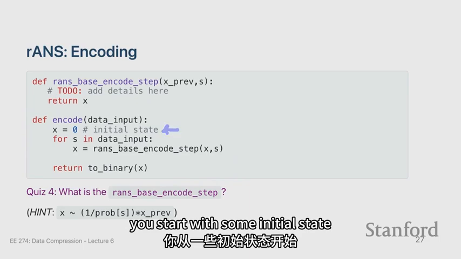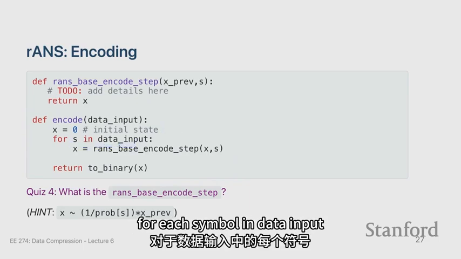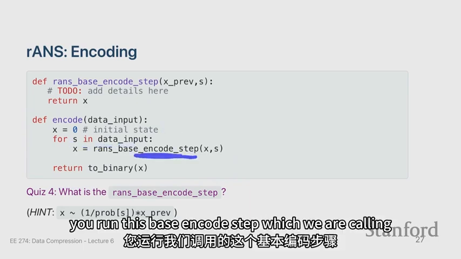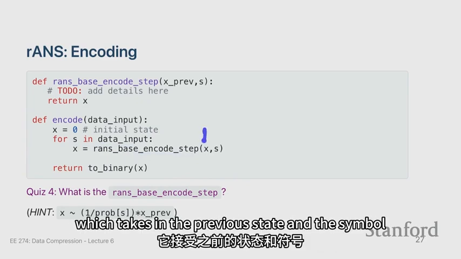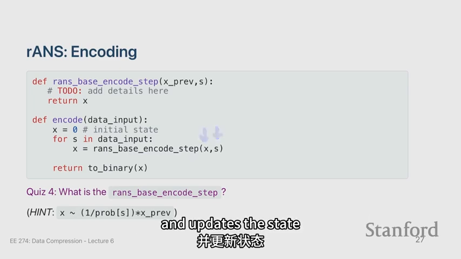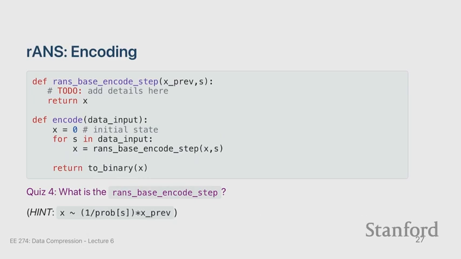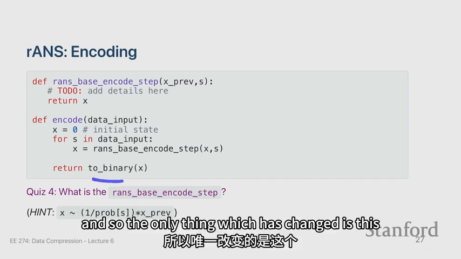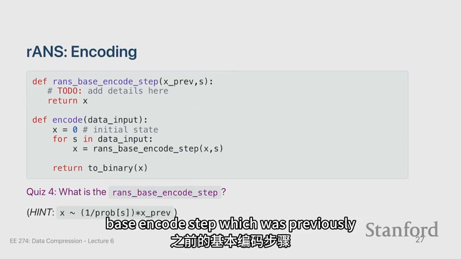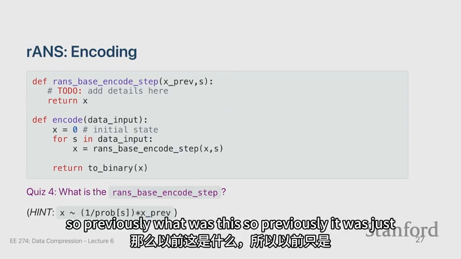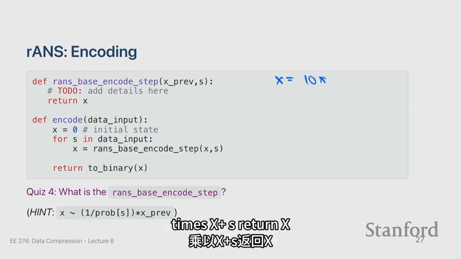You start with some initial state. For each symbol in the data input, you run this base encode step, which takes in the previous state and the symbol and updates the state. And finally, you return the binary form of this. The only thing which has changed is this base encode step, which previously was just 10 times x plus s, return x.